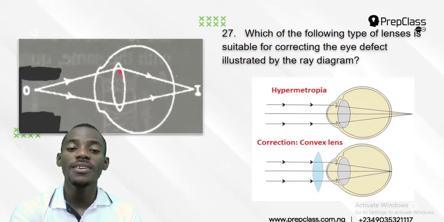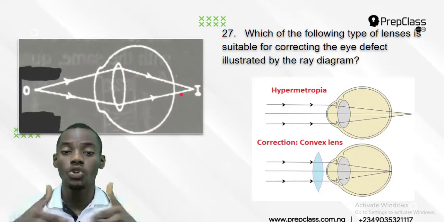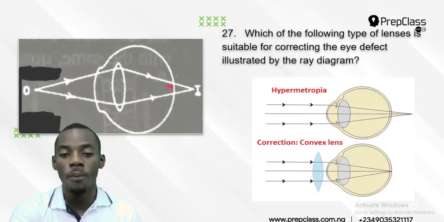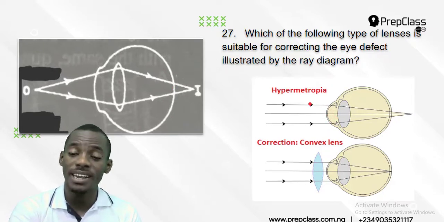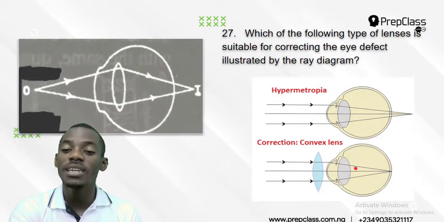So for the rays that would otherwise spread to the back, a convex lens will make them close up faster, and instead of spreading to the back, they will form the image right on the retina. So the answer to this eye defect, hypermetropia or long-sightedness, is a convex lens, which forms the image right on the retina, stopping the image from going to the back of the eyes. And that is the answer.